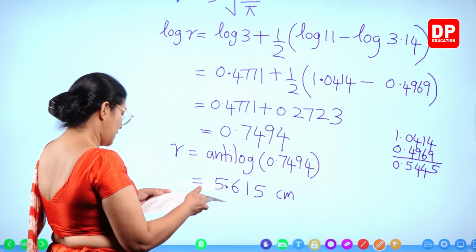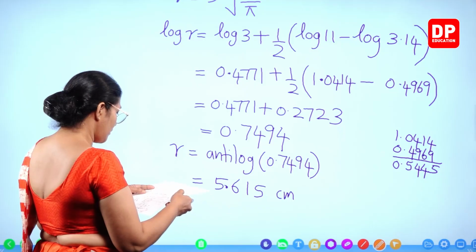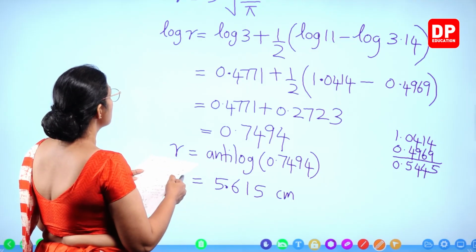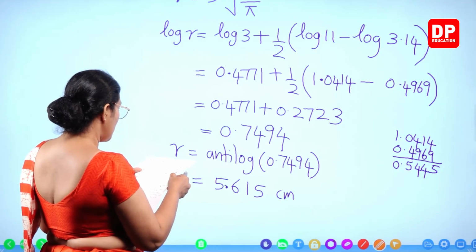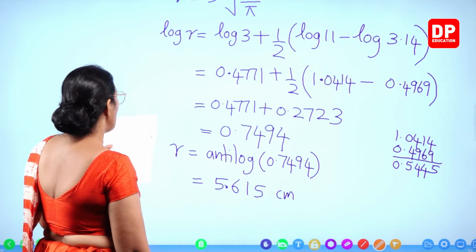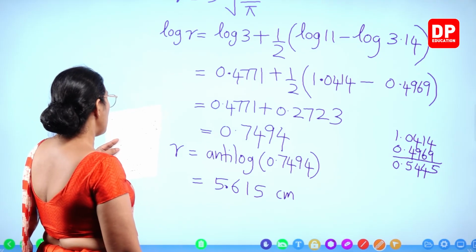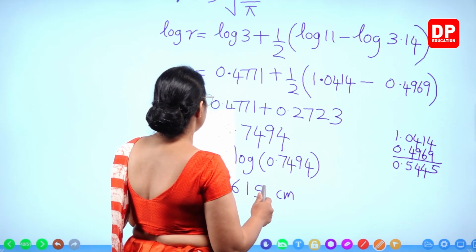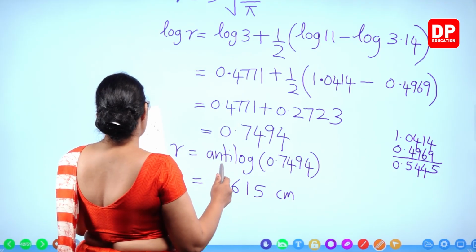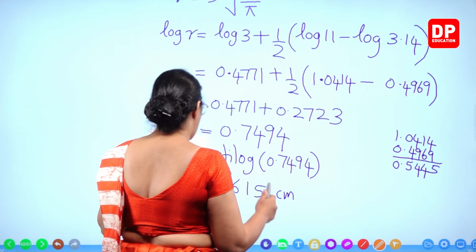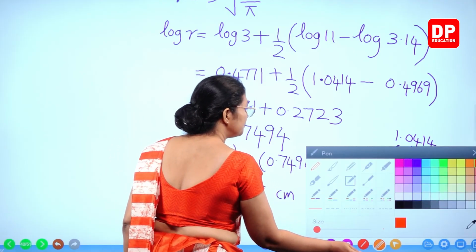So let's see. When you use the table, you get 4771, 1.0414, and here 4969. So you get 6 marks for that. So the whole part you get 6 marks.